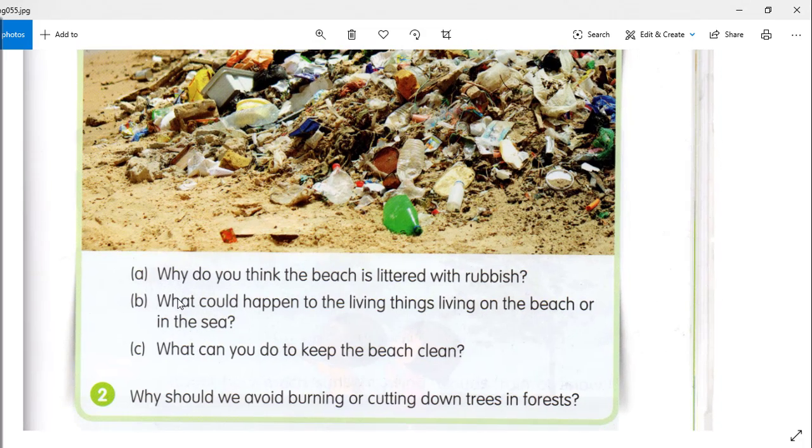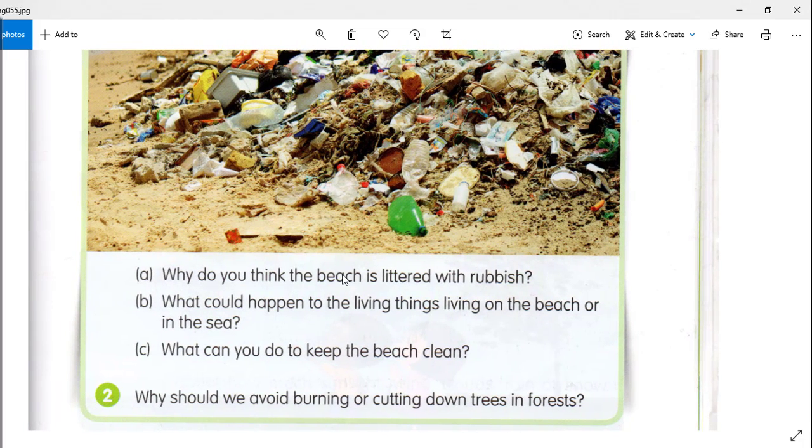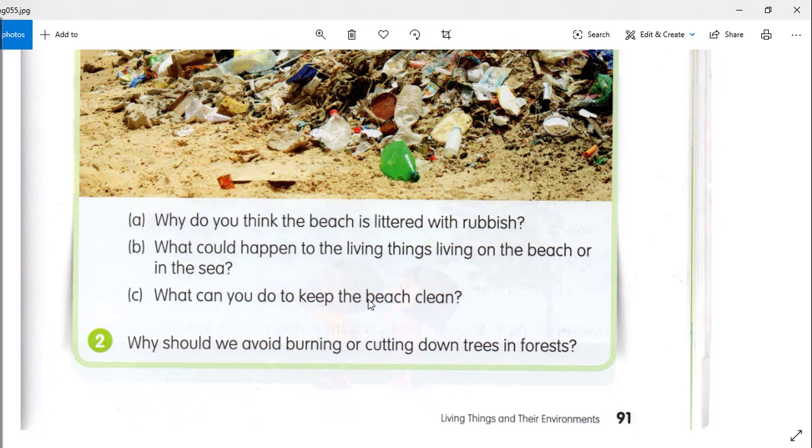And what can you do to keep the beach clean? Of course, when we see the rubbish, we have to take it and throw it into the dustbin. Or after we have finished drinking water, only the plastic bottle is left, right? So you can throw the plastic bottle into the dustbin. So that's the thing that you can do.